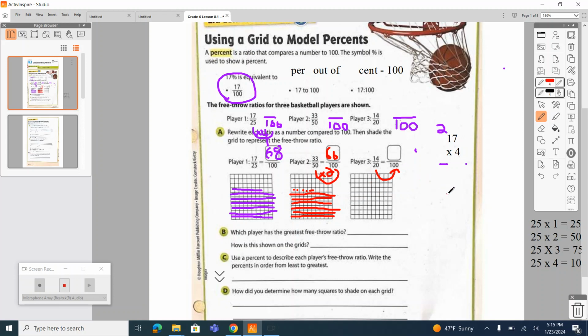So I'm going to guess 20 times 5, and I want to switch my color pen here because I'm doing a different problem. 0 times 5 is 0. 5 times 2 is 10. So I'm multiplying by 5. So if I multiply by 5 on the bottom, I need to multiply by 5 on the top. So 14 times 5.